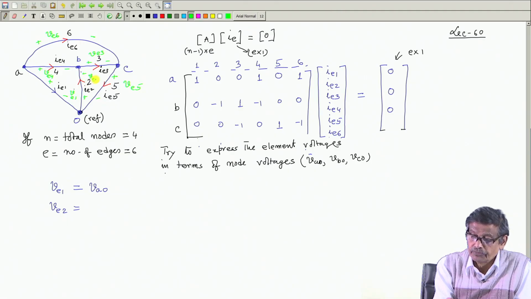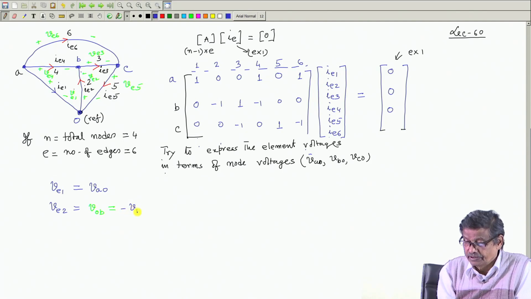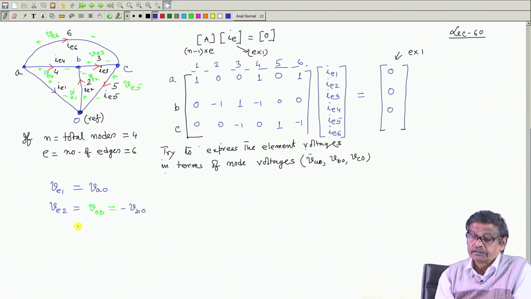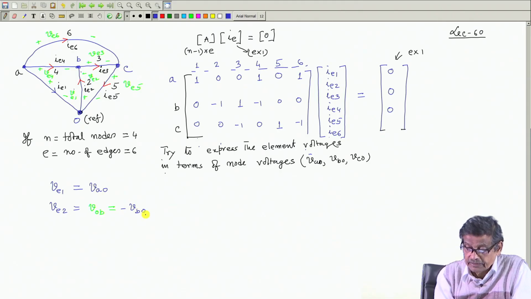So, V E 2 will be V 0 B, which will be equal to minus V B 0. V 0 B is minus V B 0, so V 2 will be the negative of V B 0, which is another node voltage.